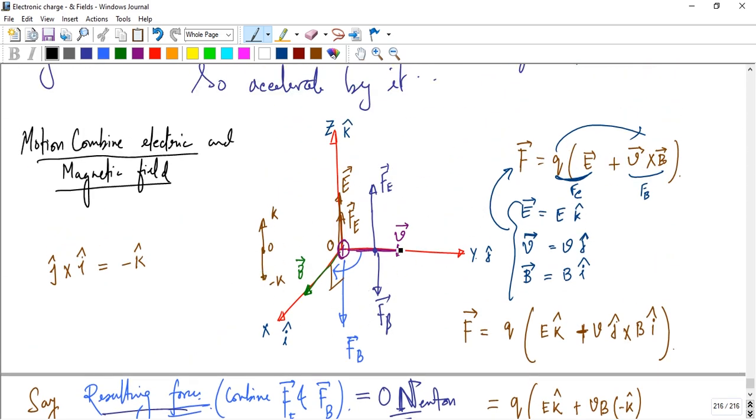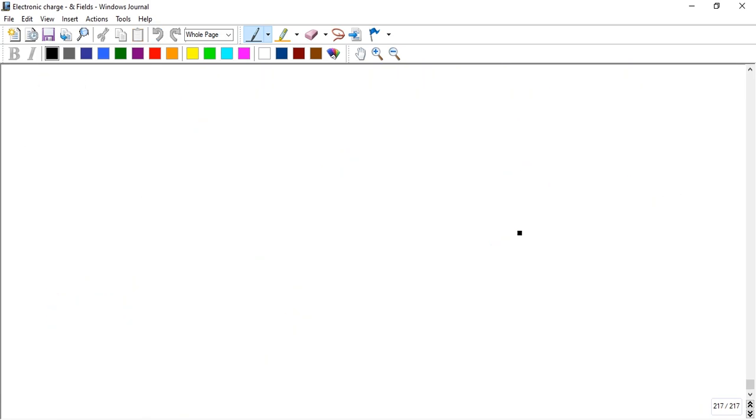The very important. Clear that concept. Now we discuss calculating magnetic field due to current.